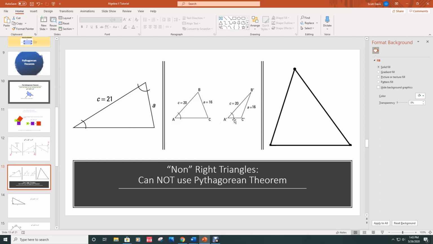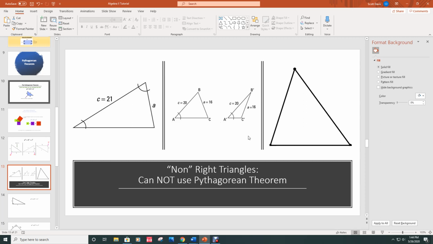Let's just say it could be 30 degrees, and let's say one of them's 30 and one of them is 47. That would make the other one 103 degrees. That wouldn't work for this triangle. But none of those angles equal 90 degrees.